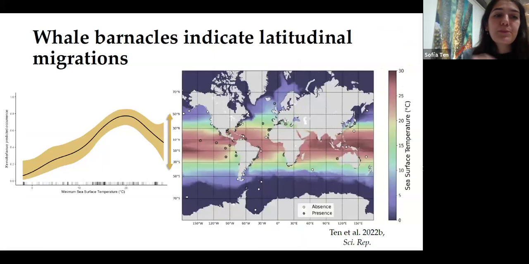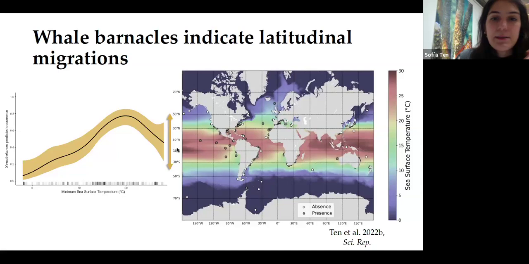So we modeled the likelihood of occurrence of this barnacle with minimum sea surface temperature for all these worldwide records. And we found a really interesting pattern: the likelihood of finding Xenobalanus was way higher in this range of temperatures, which correspond to tropical and temperate latitudes.